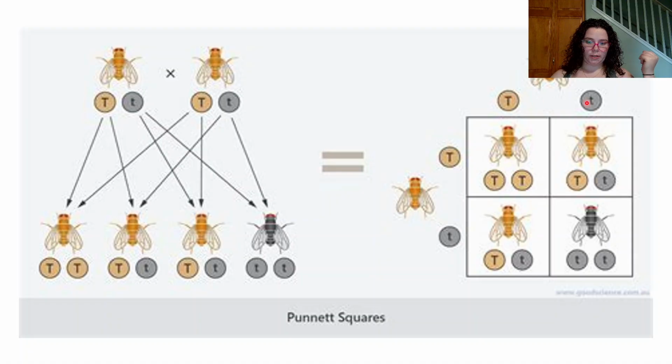Big letter, little letter. And this is obviously another color thing because there's this gold color and this white color. There's a homozygous dominant, homozygous recessive, and heterozygous. 2 out of 4 again.